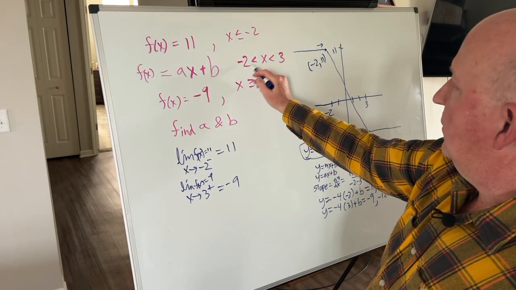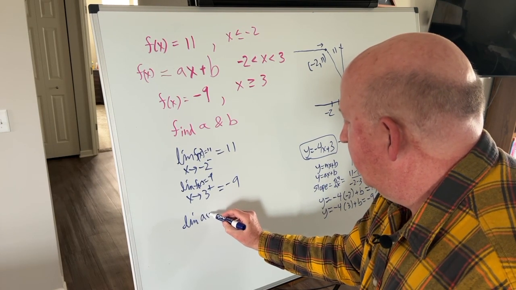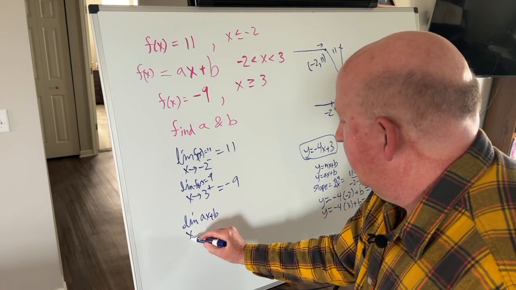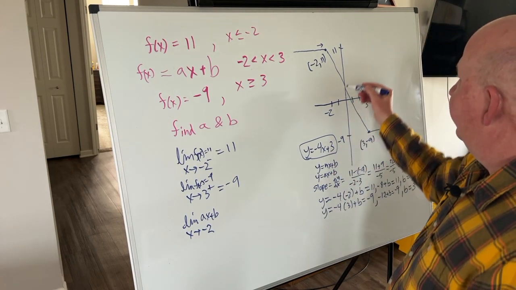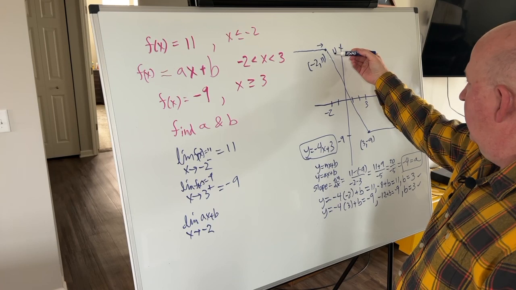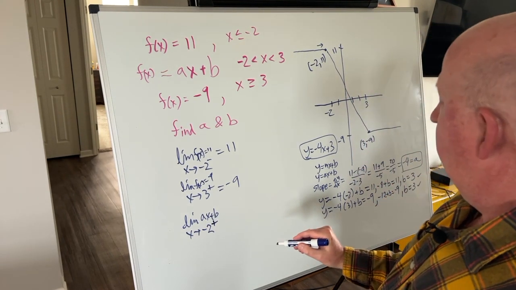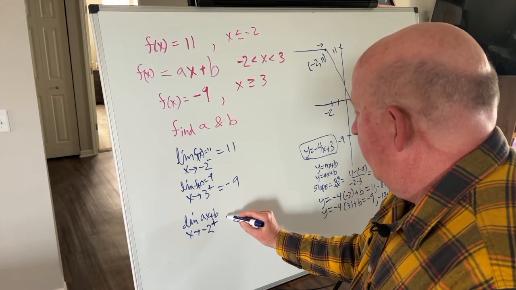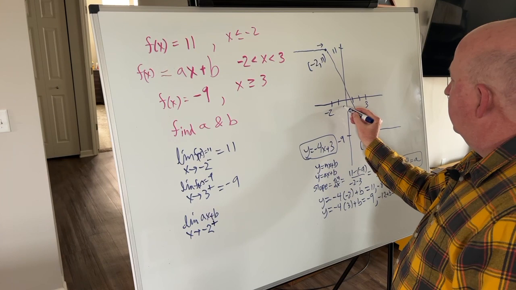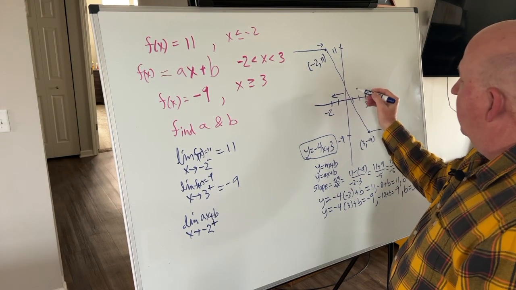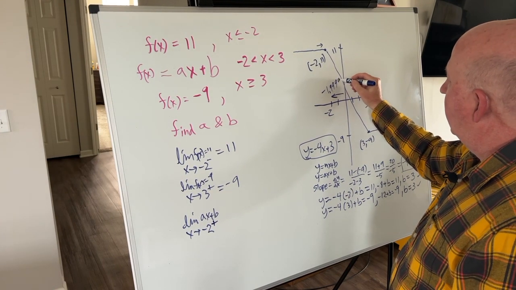Now this one's tricky because it's two parts. The limit of ax plus b, where x approaches negative 2 from the right, will be, now here's the thing, as it approaches negative 2, it's going to be closer and closer, like negative 1.99999.